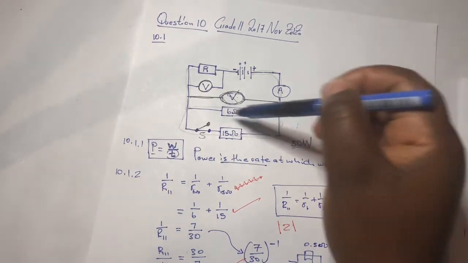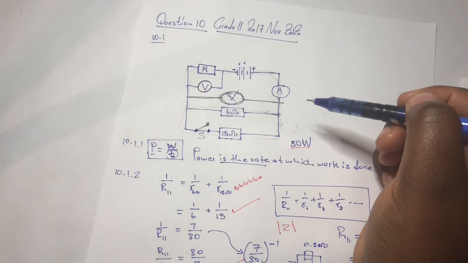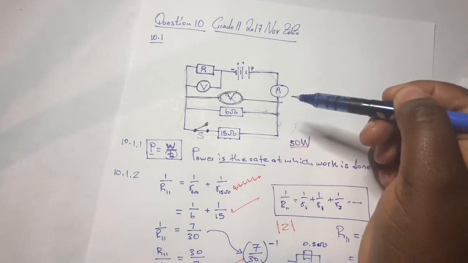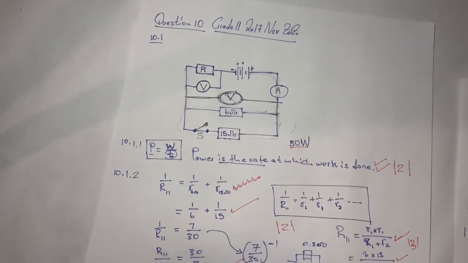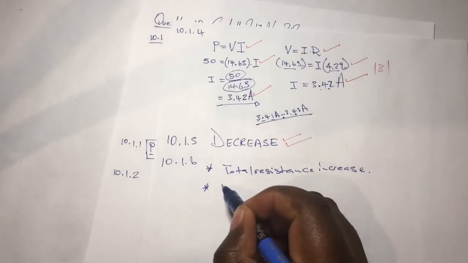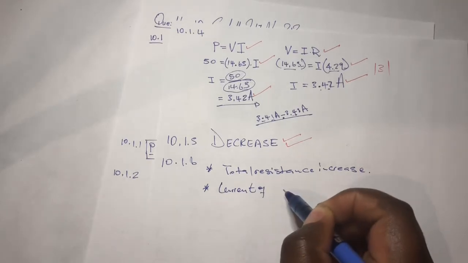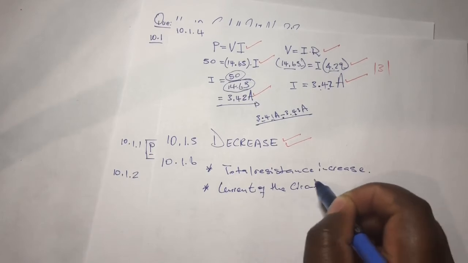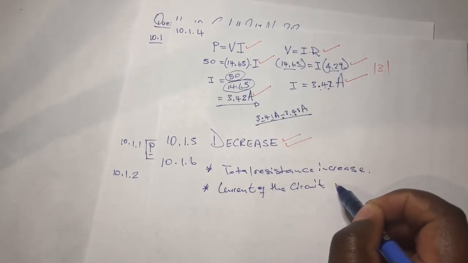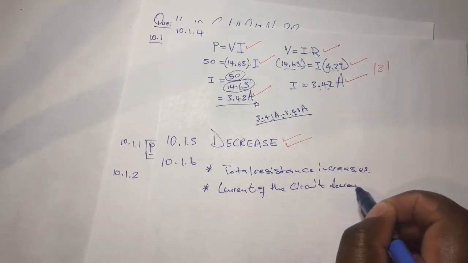What happens to the current? Obviously the current now decreases because you've increased the resistance when you opened this switch S. So it's also a point that you can indicate: the current of the circuit decreases.